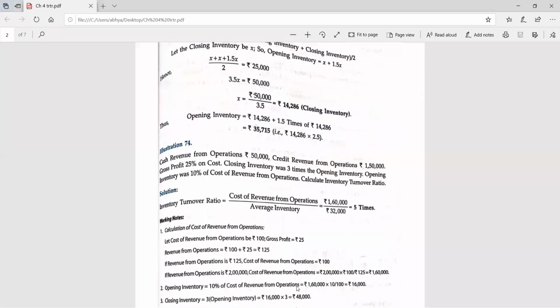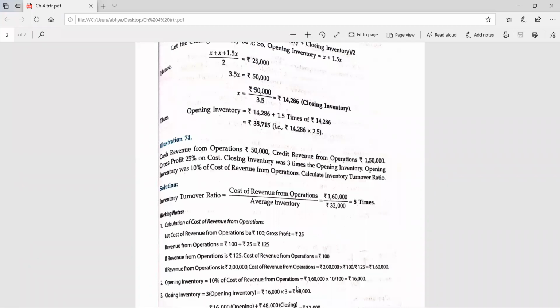So what will be the formula? 2 lakh into 100 upon 125. Yesterday we discussed such type of question. So 2 lakh into 100 upon 100 plus GP. I told you this formula. So the cost of RFO is 1,60,000.